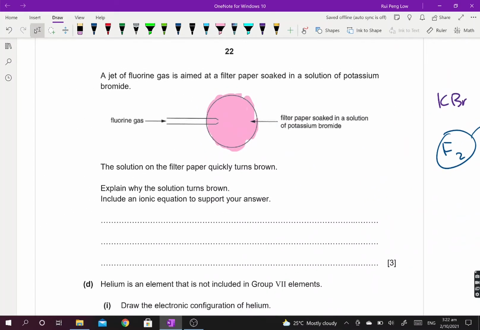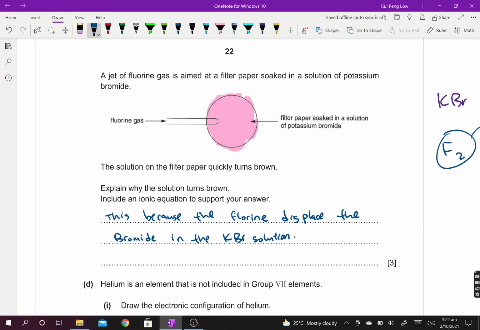Alright, so I just explained. This is because the fluorine displaced the bromide in the KBr solution.